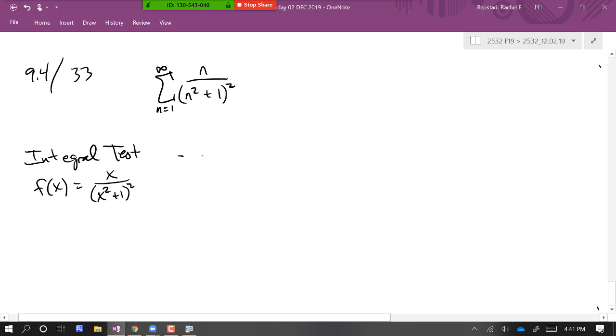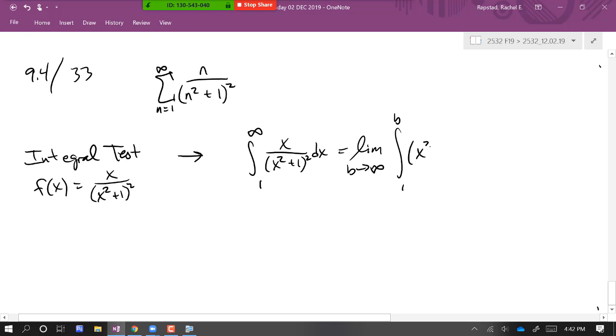So we're integrating from 1 to infinity. That's a limit as b approaches infinity of the integral from 1 to b, and that was squared on the bottom. So we've got x squared plus 1 to the negative 2 times x dx. How do we approach that integral? I used u as x squared plus 1. Great. And du is 2x dx.